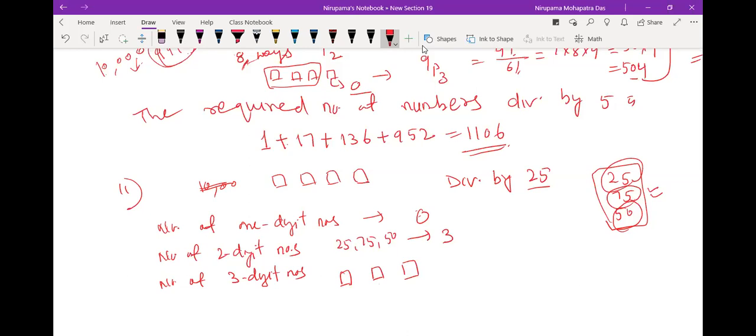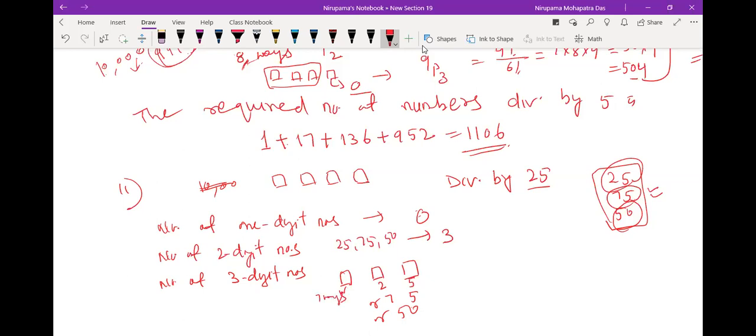Either you have 25 or 75 or 50. So two places we have fixed. Now for the third place, you cannot have 0, so you can have any one of the 7 ways.